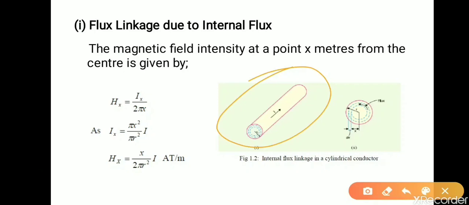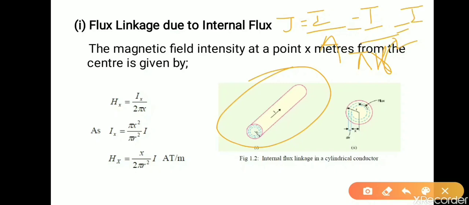Since the current density is uniform, we can say that J is equal to I upon A, where J is the current density, I is the total current flowing through the conductor, and A is the area of cross section, which will be equal to πr². So J is equal to I upon πr², which equals I(x) by πx².